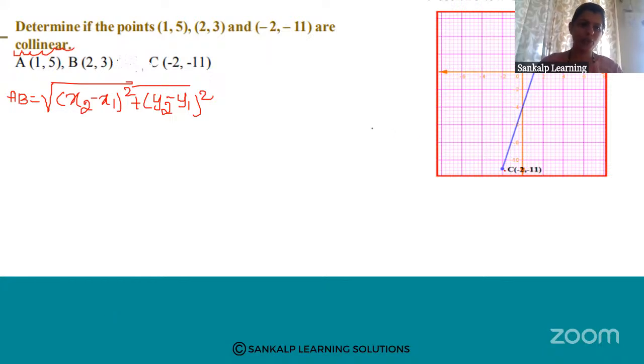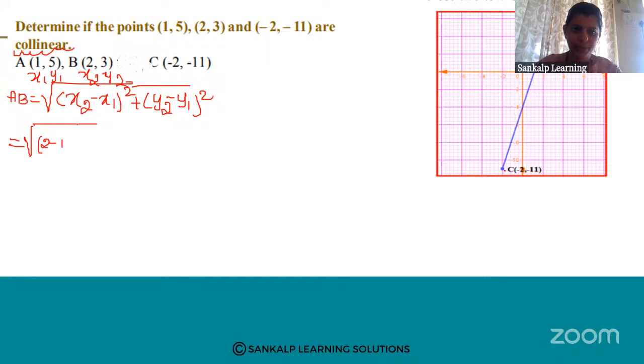Coordinates of A are 1, 5 and B are 2, 3. When you want to find the distance between A and B, consider this as x1, y1 and this as x2, y2. Now, x2 value is 2 and x1 value is 1 whole square, plus y2 value is 3 and y1 value is 5, so 3 minus 5.